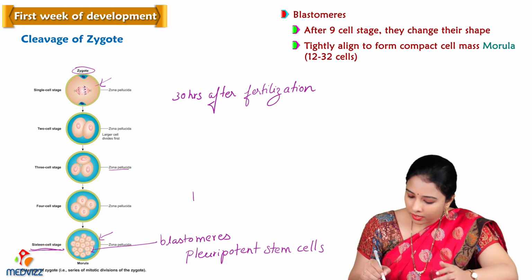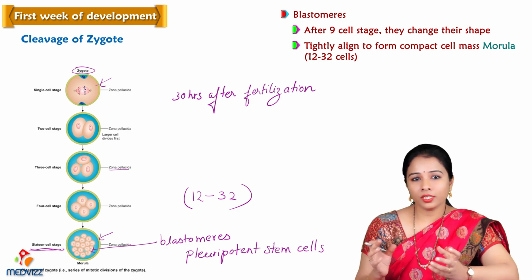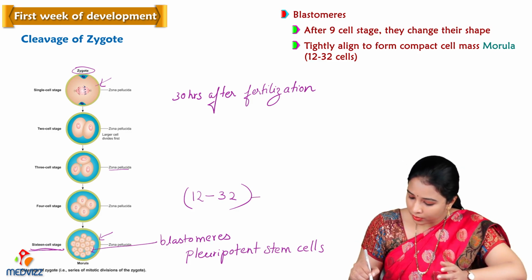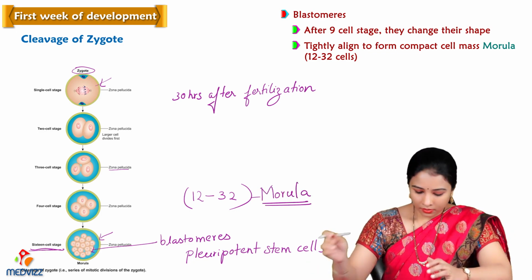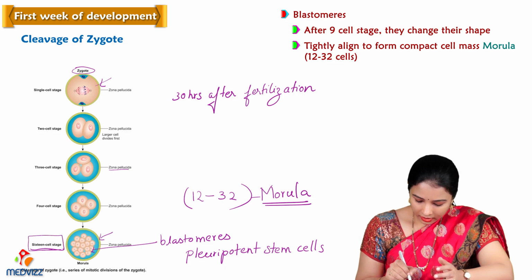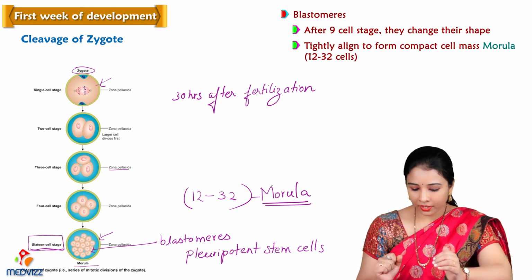Usually we say around 12 to 32 cell stage. It appears like a mulberry fruit, which is called the morula, compactly arranged.